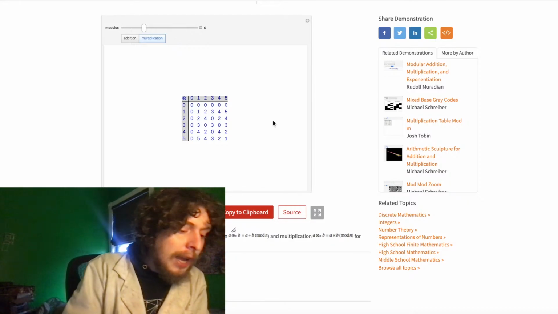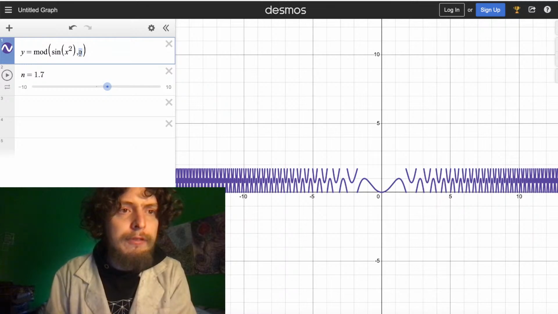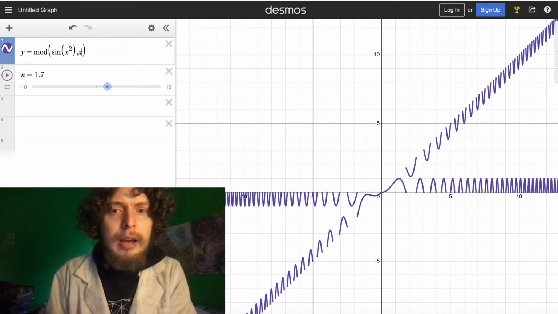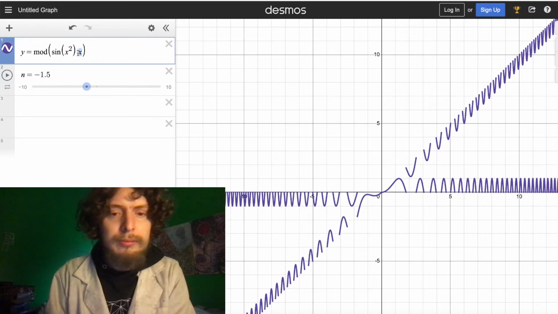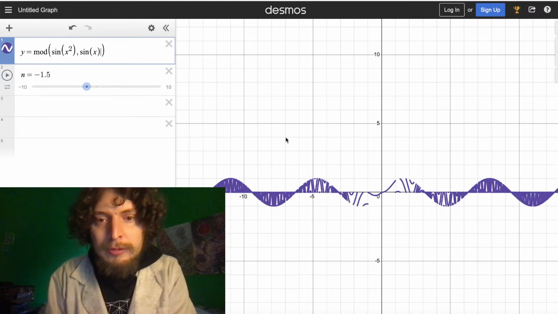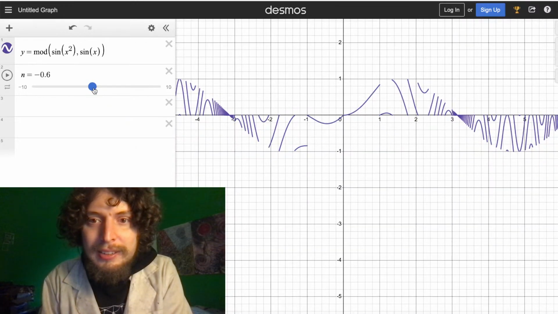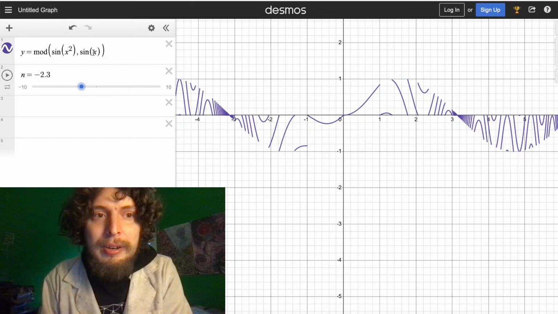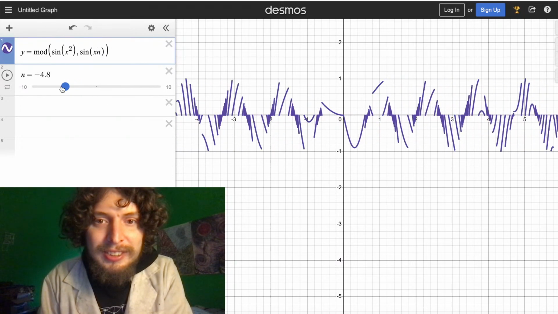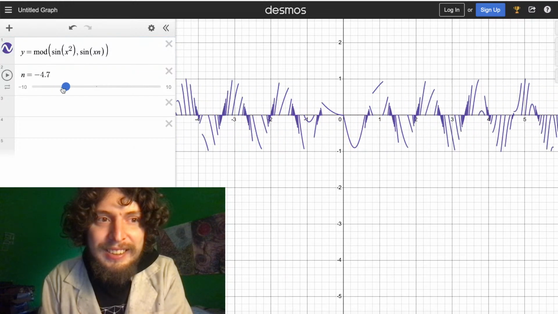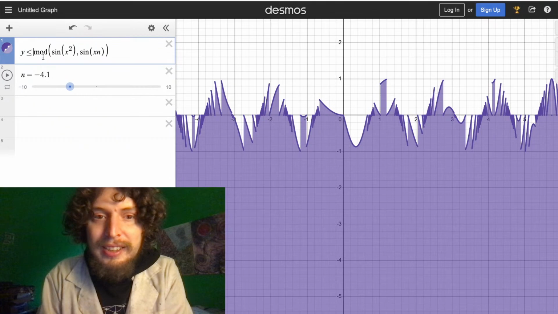So what if n is another function? Someone's wondering if that works. Let's see if that works. Yeah, maybe it does. That's cool looking. Look at that. Oh no, we don't even have an n anymore. That's trippy. What if we say it's less than or equal to that?